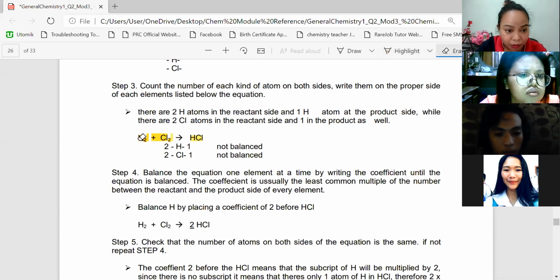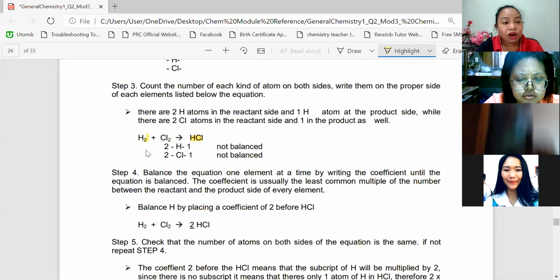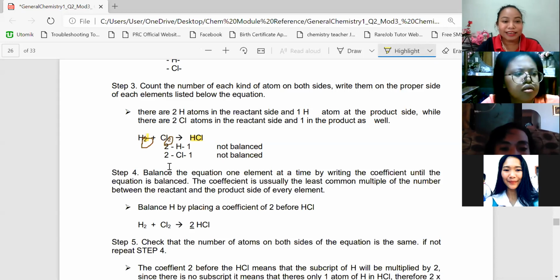Do you see the subscript 2? This means there are 2 atoms of hydrogen in the molecule of hydrogen gas.